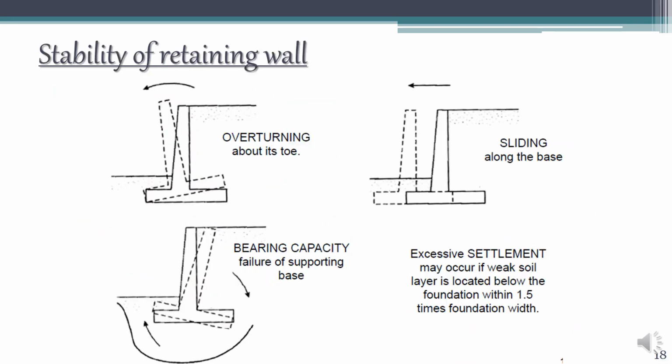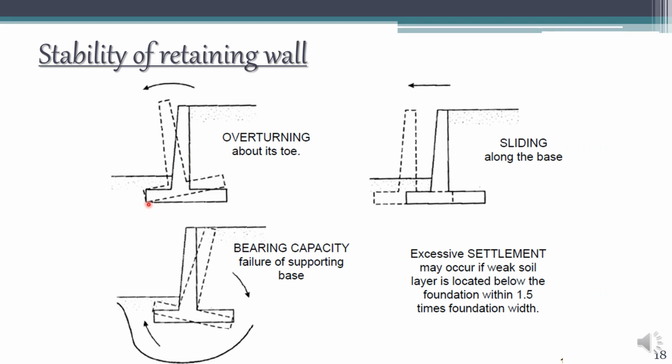Finally, the last topic: let's see the stability of a retaining wall. A retaining wall may fail in three ways, the first of which is overturning. Overturning means rotation about the toe.